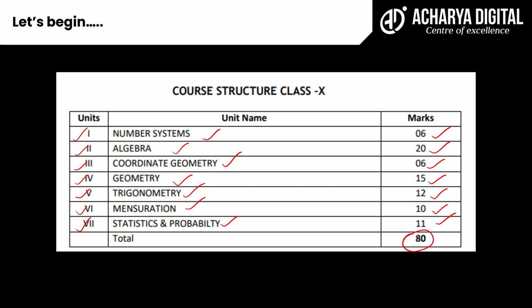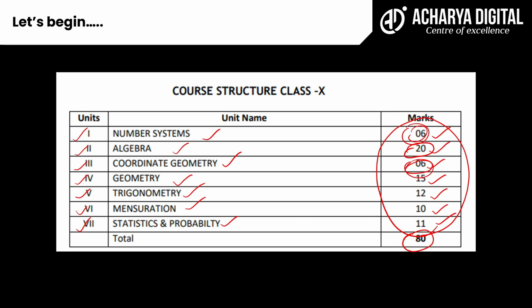Fine. So what is the purpose behind showing this course structure? You all are aware of this, but by observing the course structure, marks wise distribution, you will understand which topic is carrying maximum marks, which is carrying minimum marks, and the topics which you feel easier, the topics which you feel harder, and accordingly you can spare time for those topics.